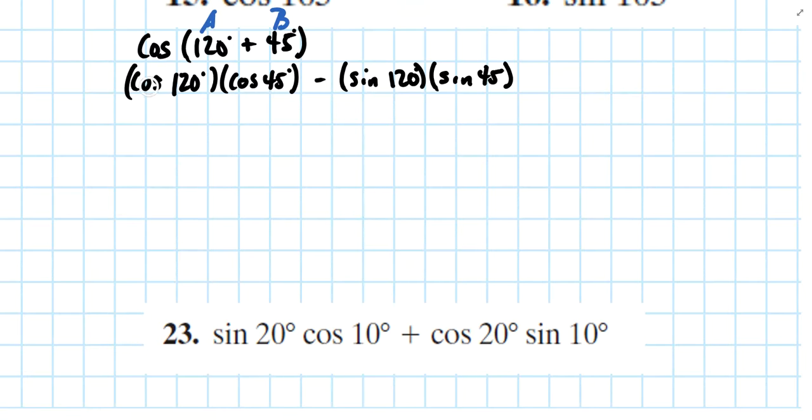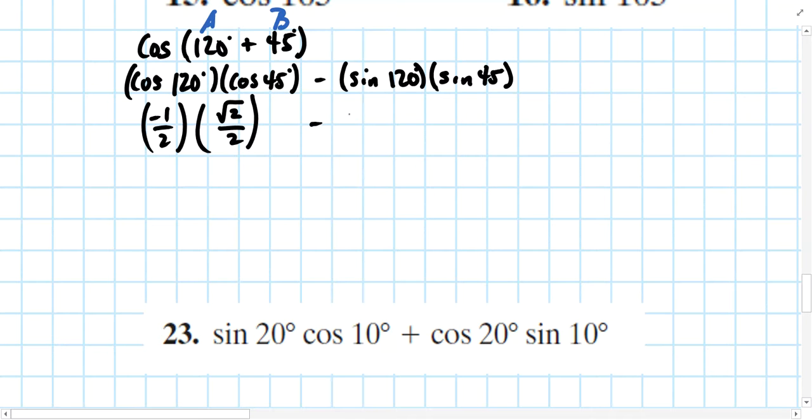So the x value at 120 degrees is negative 1/2. The x value at 45 degrees is radical 2 over 2. And the y value at 120 degrees is radical 3 over 2, and the y value at 45 degrees is radical 2 over 2.